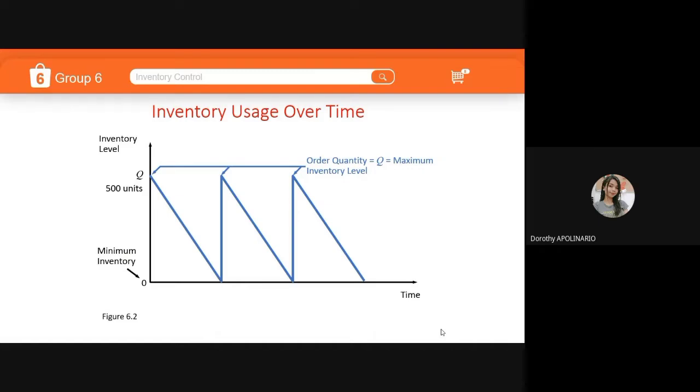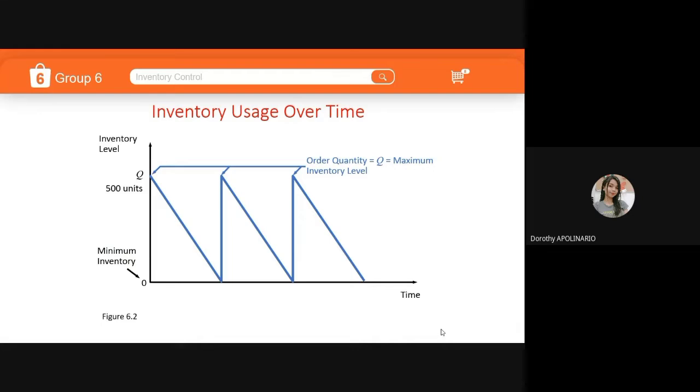So, next is inventory usage over time. As you can see in this figure, it has a sawtooth shape. This is because of the assumptions that I've mentioned earlier. The letter Q here stands for the amount that is ordered, for example 500 units, and the units arrive at one time when an order is received.